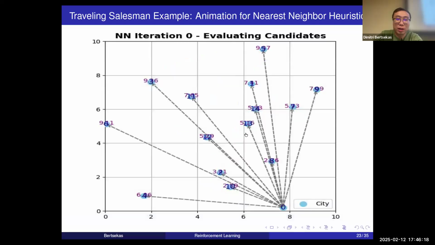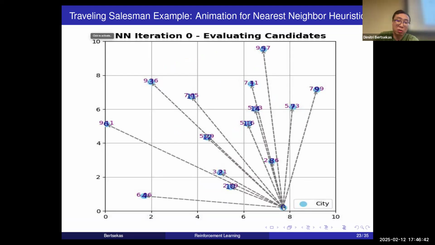Okay. Now let's look at a different shortest path problem, and in this case, it's symmetric, by which I mean between two cities, going from one city to the other and the reverse direction have the same distance. So this is randomly generated in a 10 by 10 grid, 10 by 10 square.